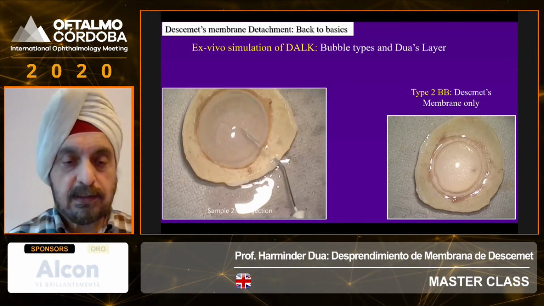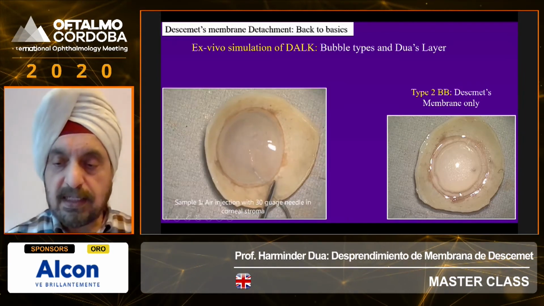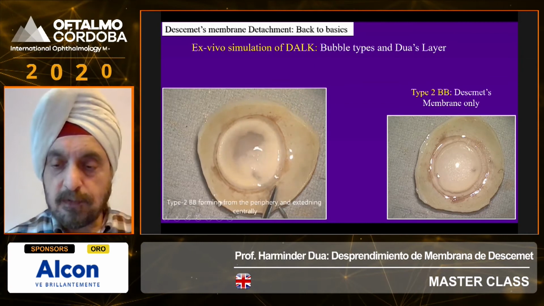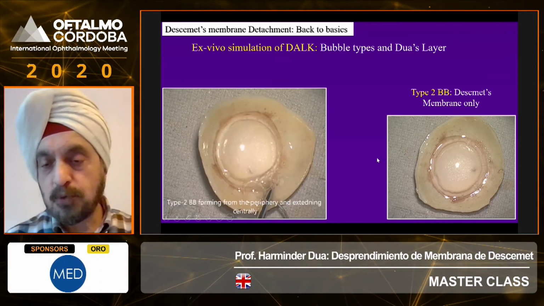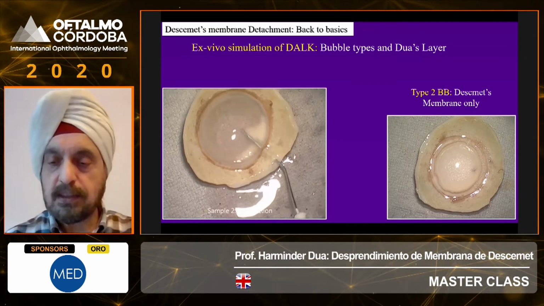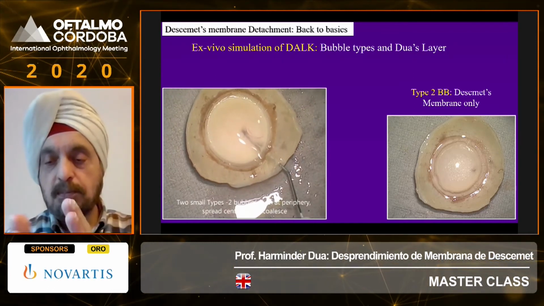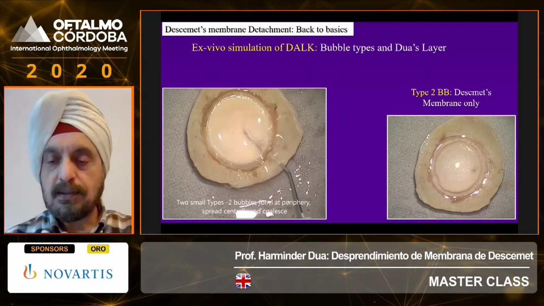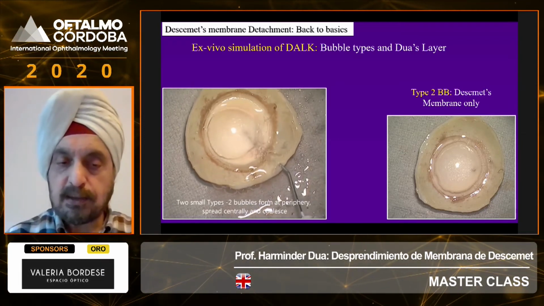And in this little video, you'll see 2 thin-walled bubbles starting, and that is the equivalent of a type 2 bubble, which is air between the Descemet's membrane and the pre-Descemet's layer. So we had the type 1, which was air between the stroma and the pre-Descemet's layer, and the type 2, which is air between the pre-Descemet's layer and the Descemet's membrane.